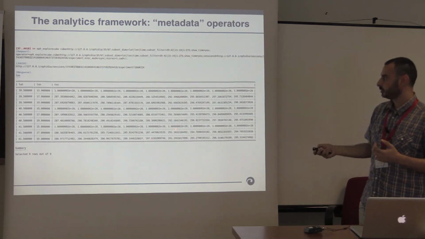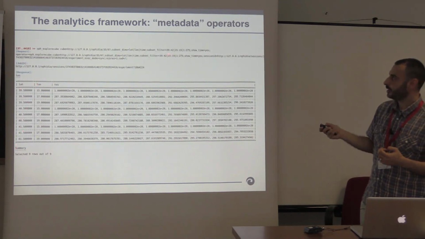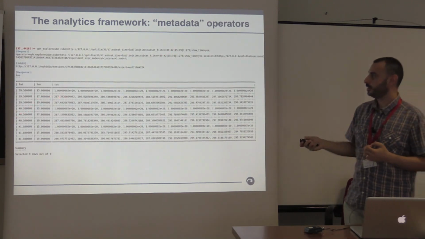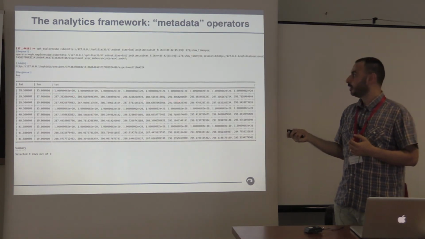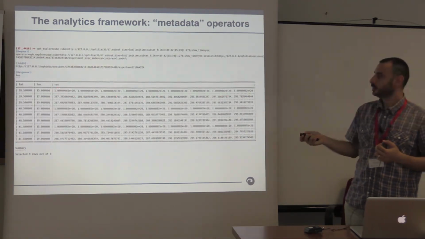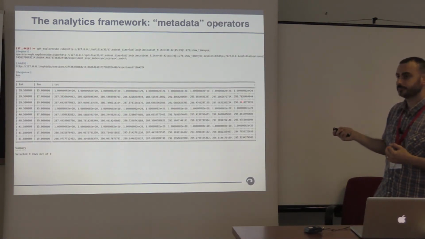This is the output. So you can see latitude and longitude are in the ranges we define. And this is the array of temperature in Kelvin. One value for each time step.